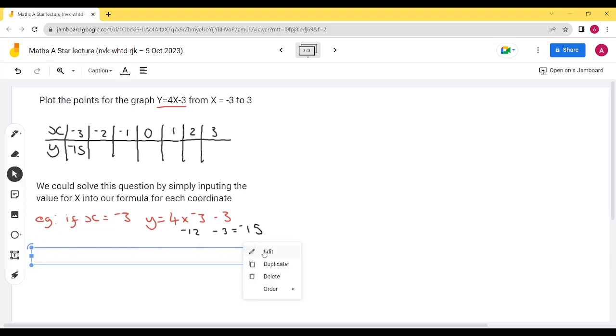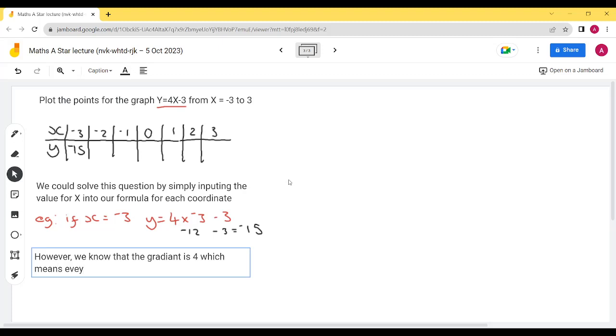However, we know that the gradient is 4, which means every time x goes up 1, y goes up 4.